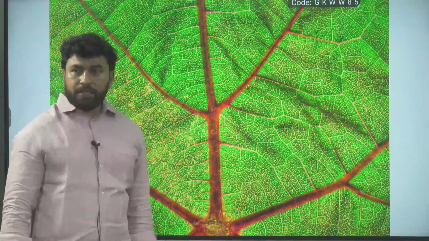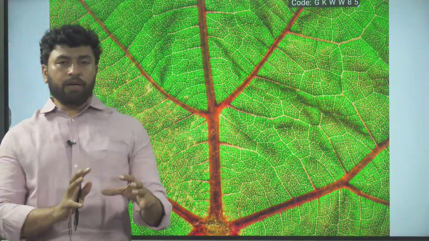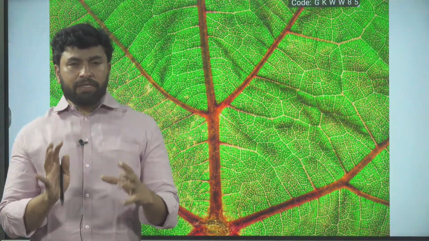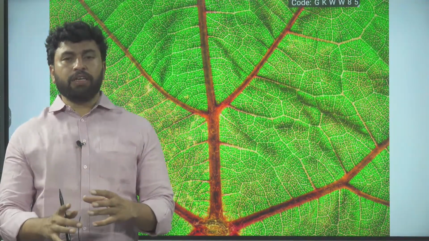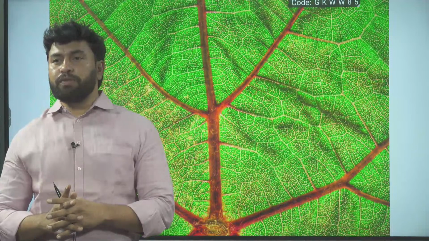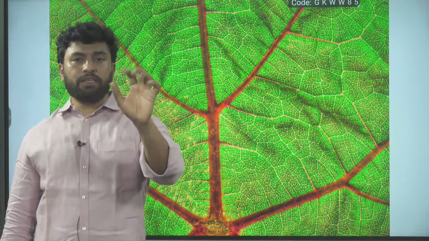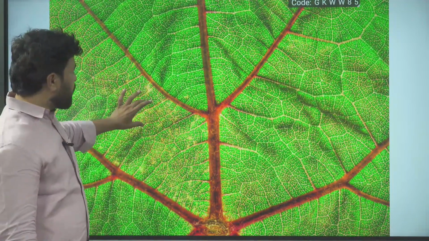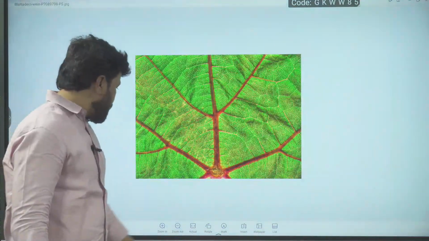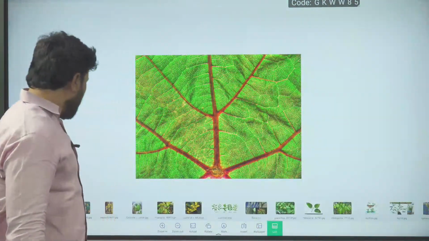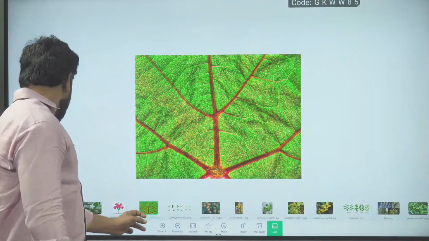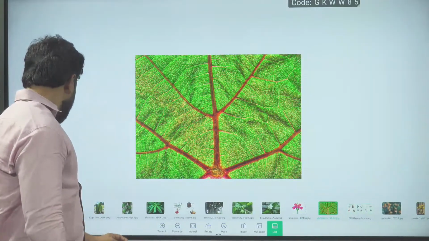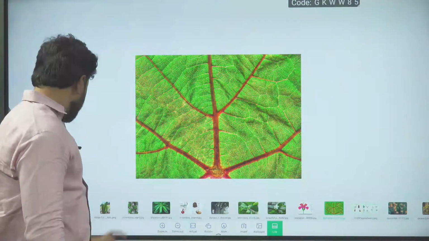That network-like structure allows the stable presence of mesophyll cells or mesophyll tissue, and they are mainly responsible for photosynthesis inside the leaf. This is an example of reticulate venation.